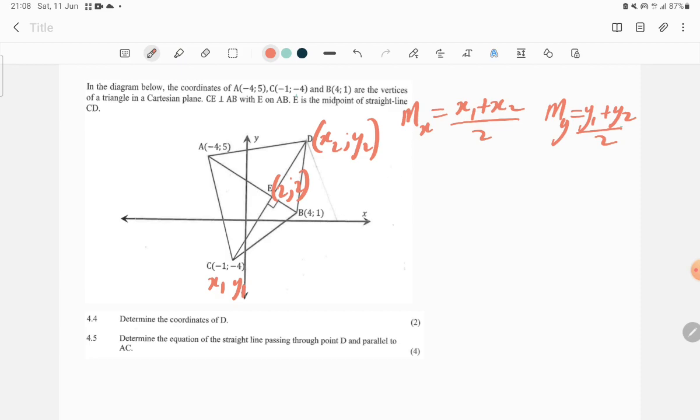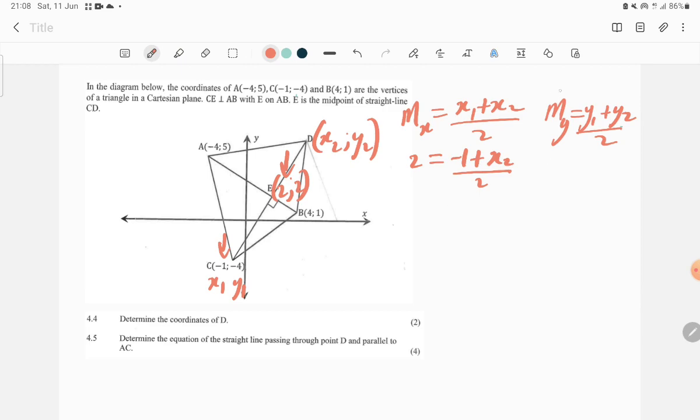So this is how we use the midpoint formula when the midpoint is given, which is not a big deal anymore. The x coordinate of the midpoint is 2, so 2 is equal to, let's say x1 is -1, -1 plus x2, which is not yet found, divided by 2.